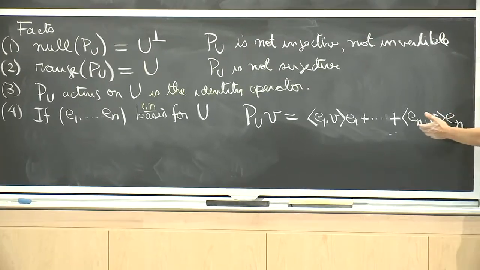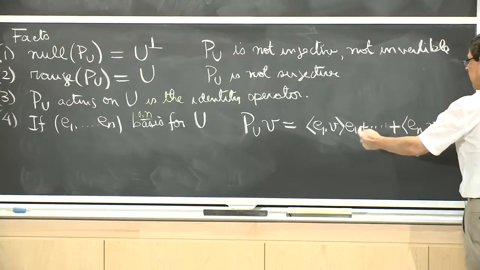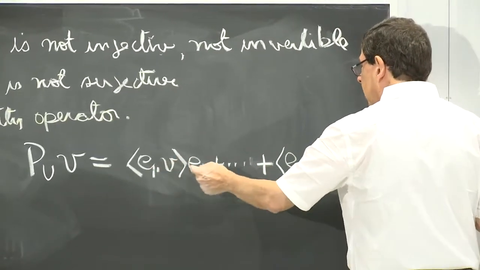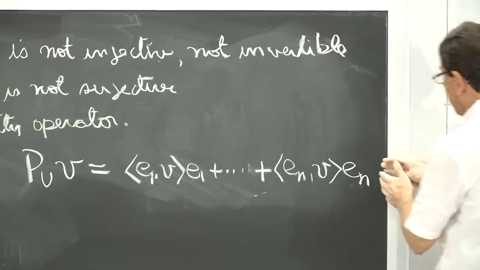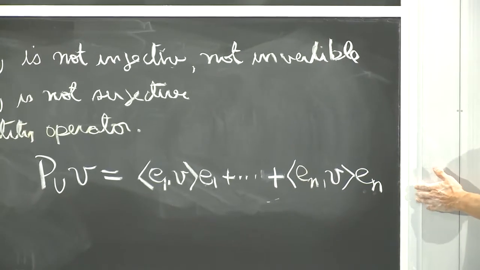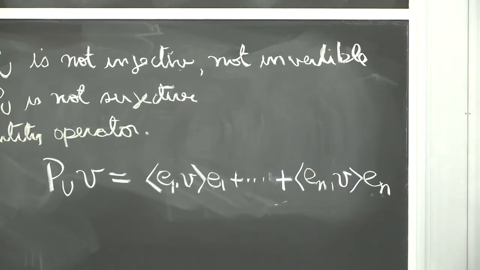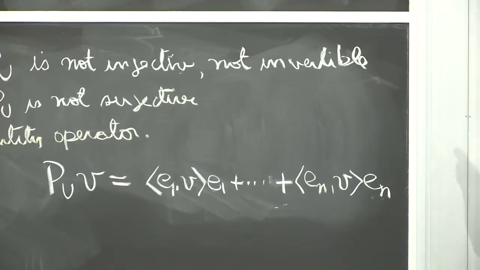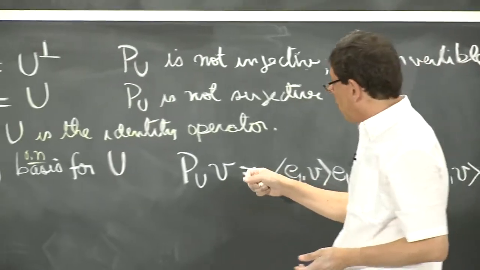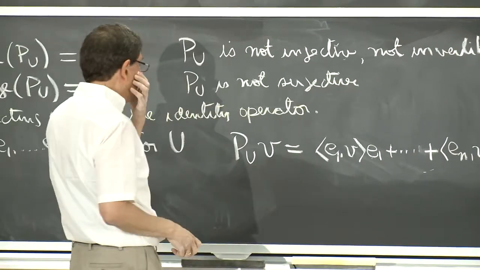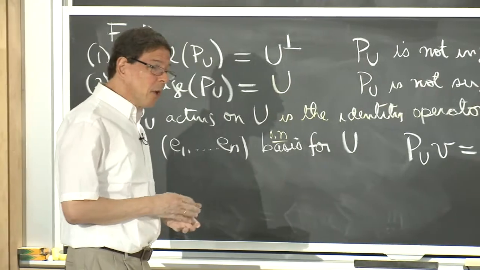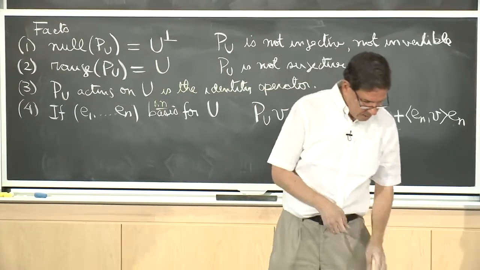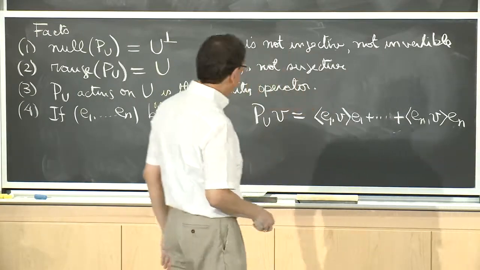That was the formula we had for writing a vector in terms of its basis vectors in an orthonormal basis, the inner product times the corresponding vector. So this sum for the full vector V would include those basis vectors in U perp. But they're killed by the action of the operator P_U. So therefore, this is what you get. This is the action of the operator on this space.